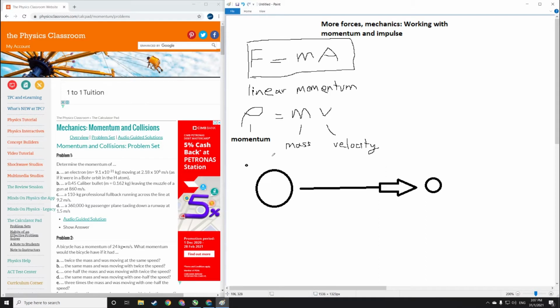Now, if this ball is very heavy, let's say it's a bowling ball, with a mass of 3 kgs and a velocity of 10 meters per second, okay?